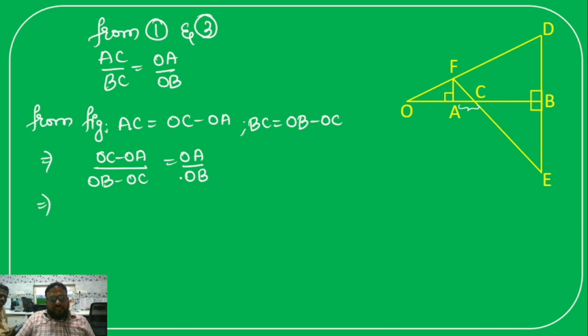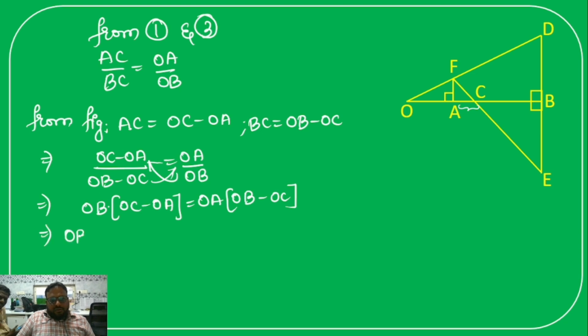Now I'll just go with cross multiplication. This will multiply here, this will multiply here. So I'll be left with OB into (OC minus OA) is equal to OA into (OB minus OC). I'll just open the brackets. I'll get OB into OC minus OB into OA is equal to OA into OB minus OA into OC.